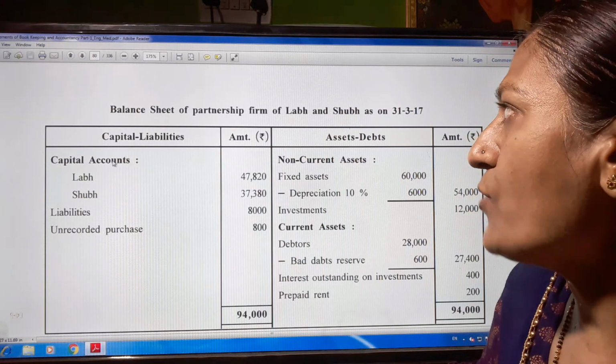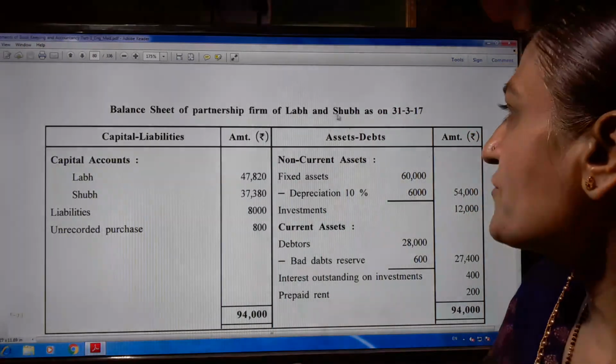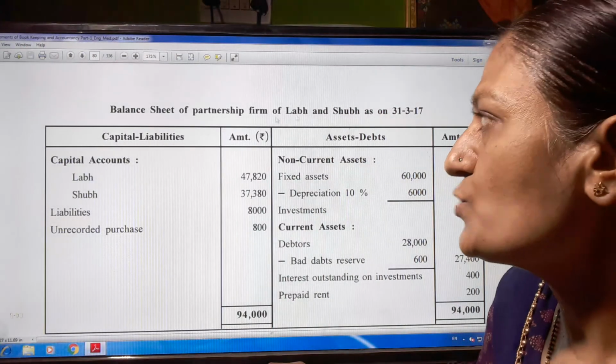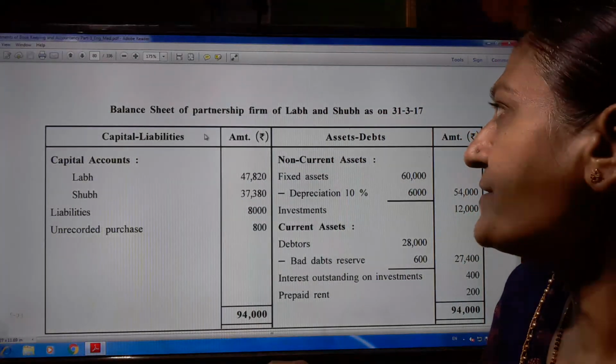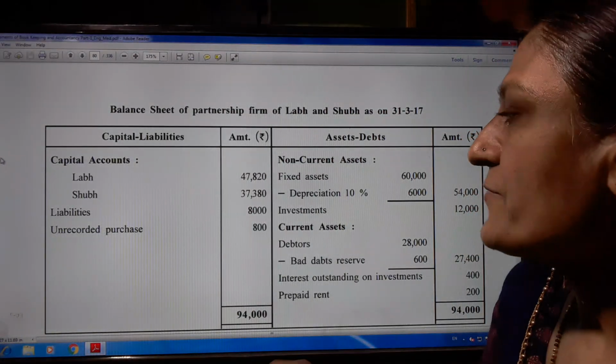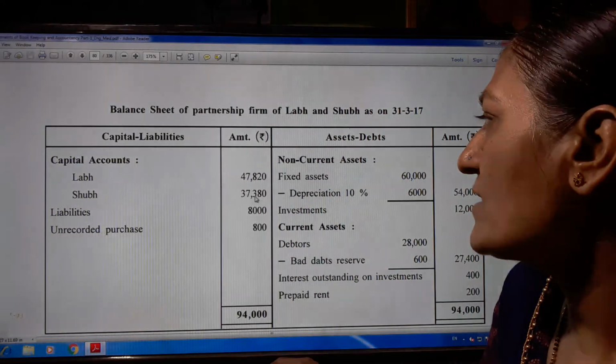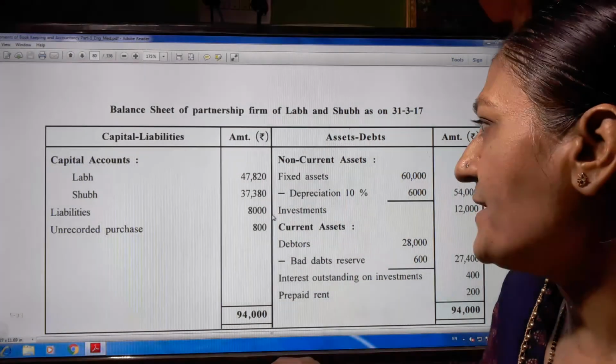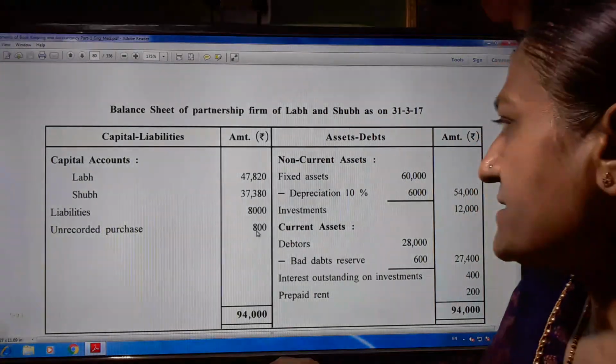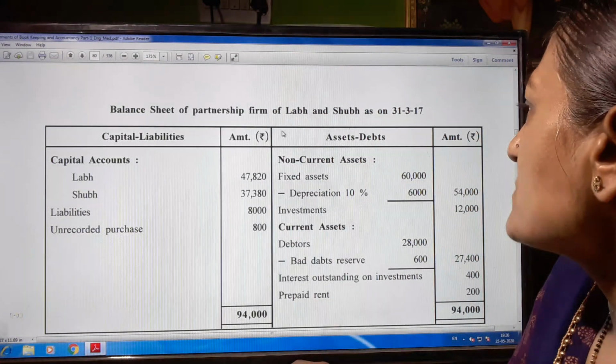So, balance sheet of partnership firm of Labh and Subh on 31st March 2017. Capital and liability amount, asset and debts amount. Capital, Labh 47,820, Subh 37,380. Liability 8,000. Unrecorded purchase 800. Total is 94,000.